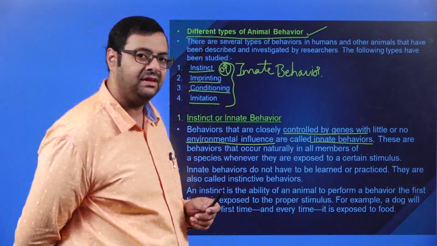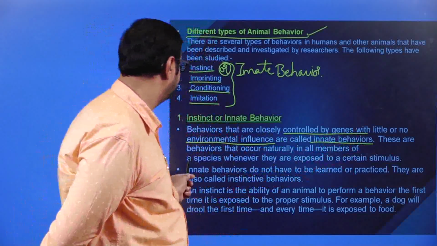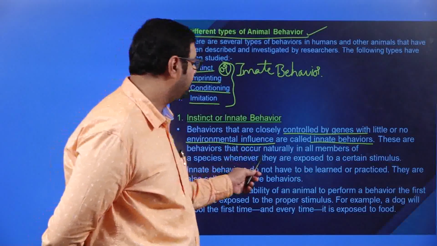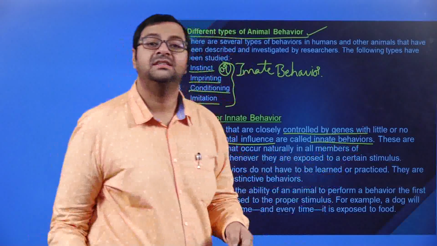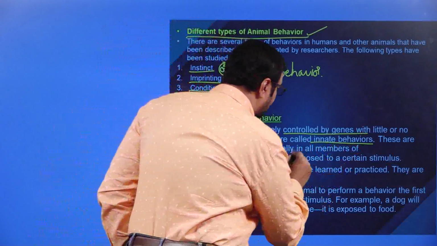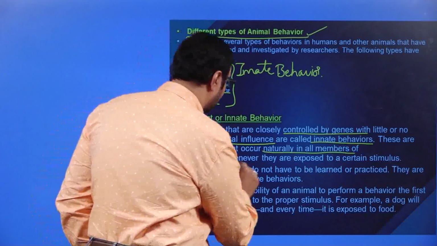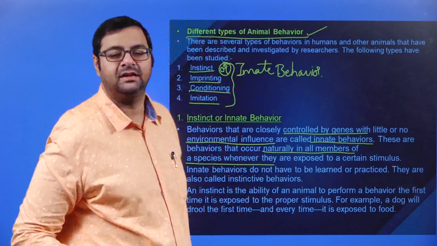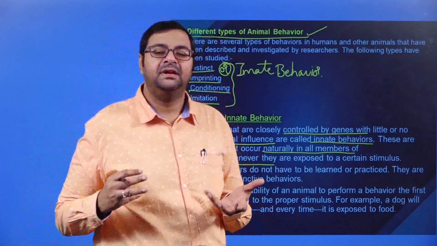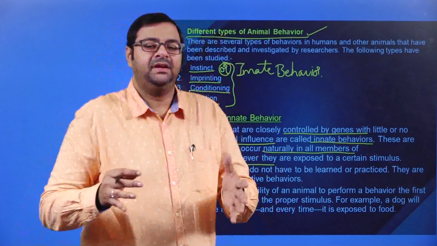These are behaviors that occur naturally in all members of a species whenever they are exposed to a certain stimulus. For example, suddenly somebody from behind you comes and scares you, and there is an immediate response.